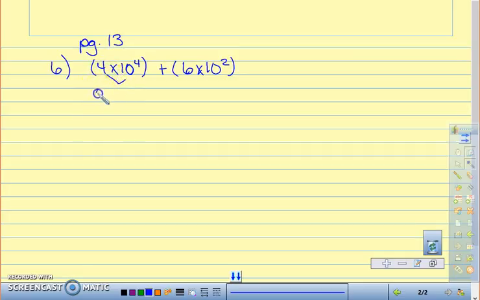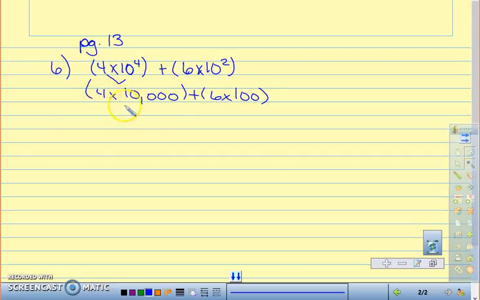We look at 4 times, and this has the exponent of 4, so we need to make sure that our number has 4 zeros, so that is equal to 10,000. I'm going to leave that in parentheses for another minute, plus 6 times, and we see that there is an exponent of 2, so we will get 2 zeros, which is equal to 100.